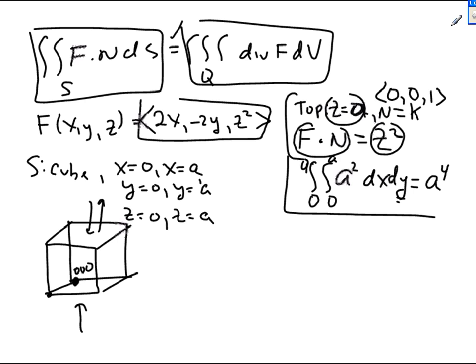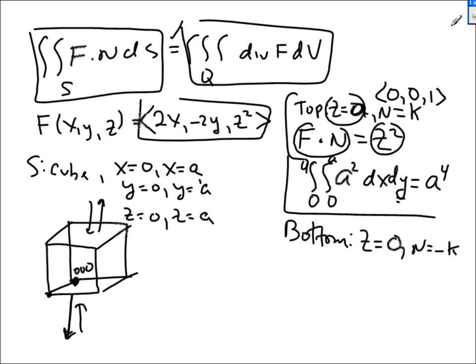Okay, that's the top. What about the bottom? The bottom is where z is 0, and the normal would be negative k, because the normal is coming straight down.